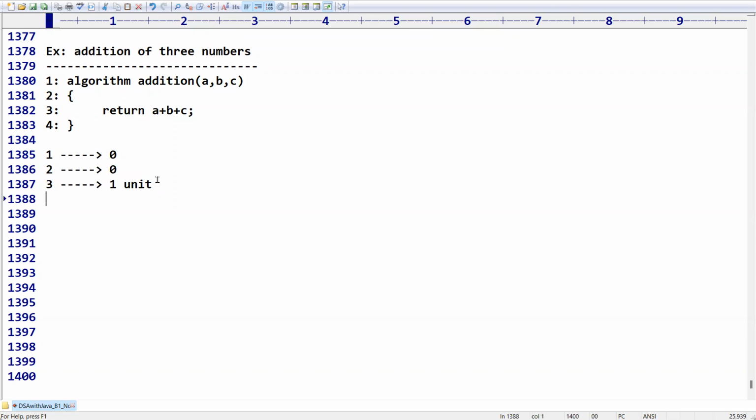Very good. For the fourth line, it is 0. The total time complexity of this addition algorithm is 1 unit. Here it is constant. Yes, of course, constant. You can ignore these constants, sir. So nothing will be there with that. Because every program execution has some time limit.